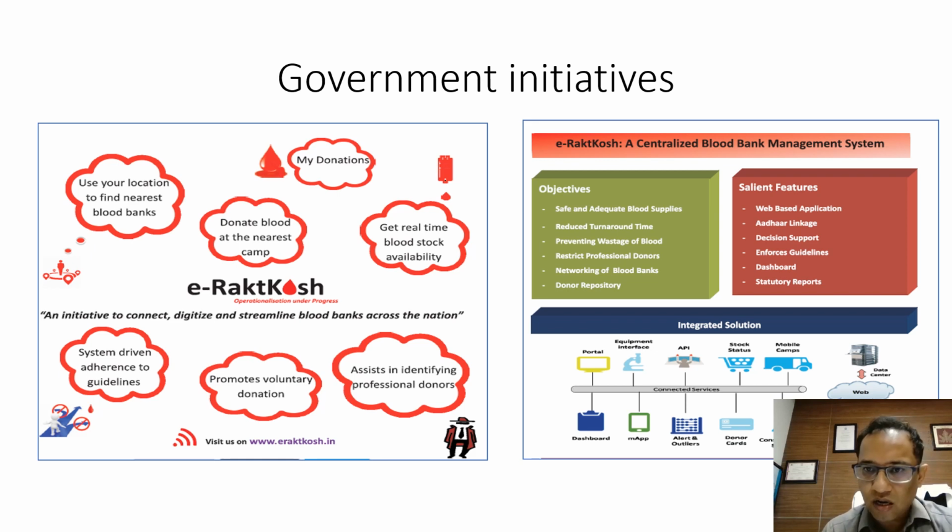Decision support is also there, it enforces the guidelines, and has a dashboard and statutory reports. So E-Raktkosh is what we are all using nowadays. It also has the information of our donors. Sometimes it uses your location to find the nearest blood bank or the nearest camp that is happening. The blood stock availability is there. So it is really a good venture that has been set up by the government.